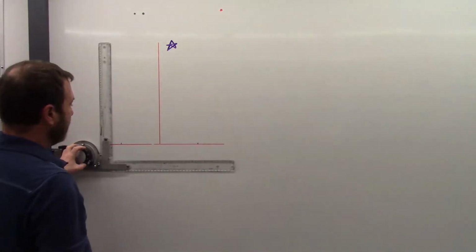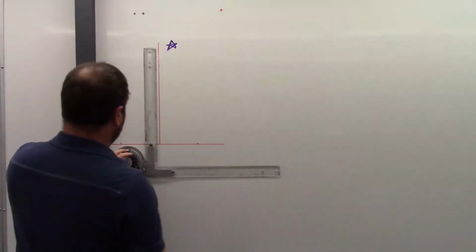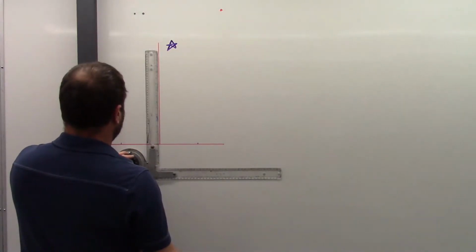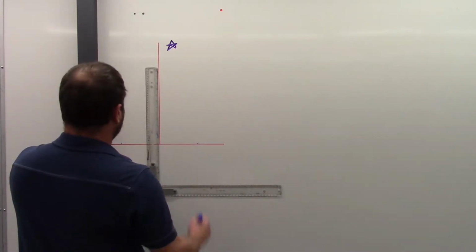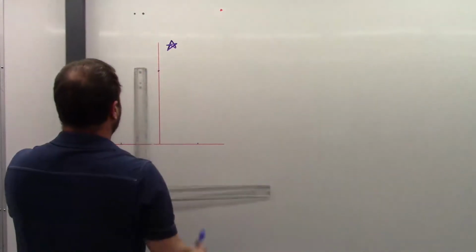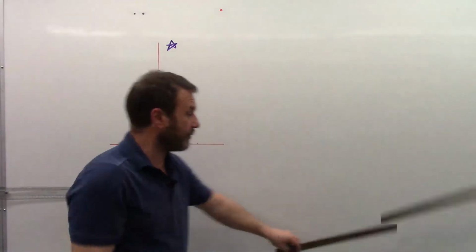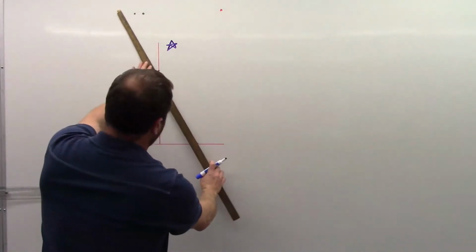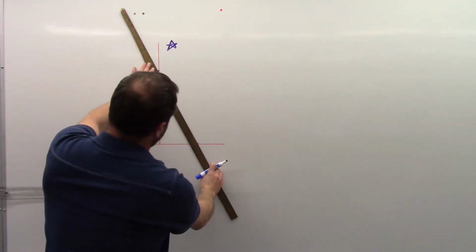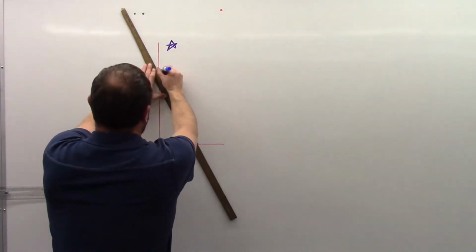Okay, a couple of ticks on there, and I mark out my height. There's my height there, and then I'll connect those points. This, I find, is just the easiest way to establish.